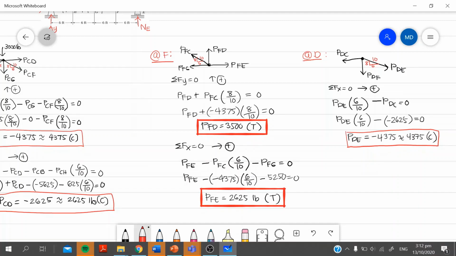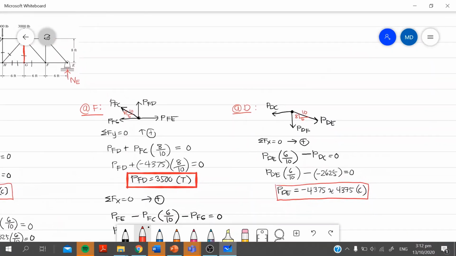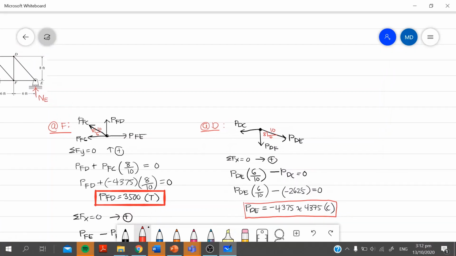Okay, for the last joint, we are just checking. It should be correct. Okay, so the last joint is E. So what is connected at E, this and this, and the normal reaction at E or EY. So what we have here is force ED, force EF, and EY.